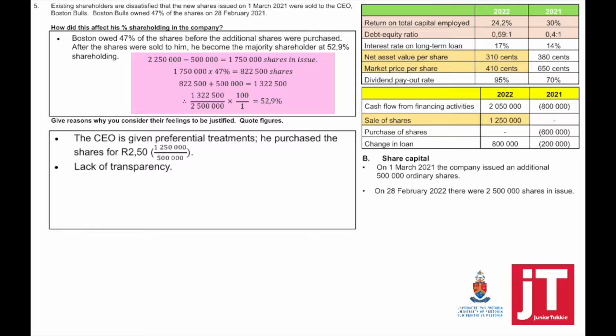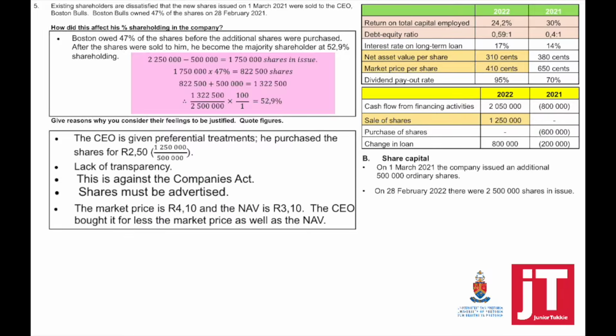There's a lack of transparency. This is against the Companies Act. Shares must be advertised. The market price is another thing that we can look at. The market price is R4.10 and the net asset value is R3.10. So he purchased it for less than what the shares are actually worth, or what the company could have gotten if they decided to sell it on the JSE.